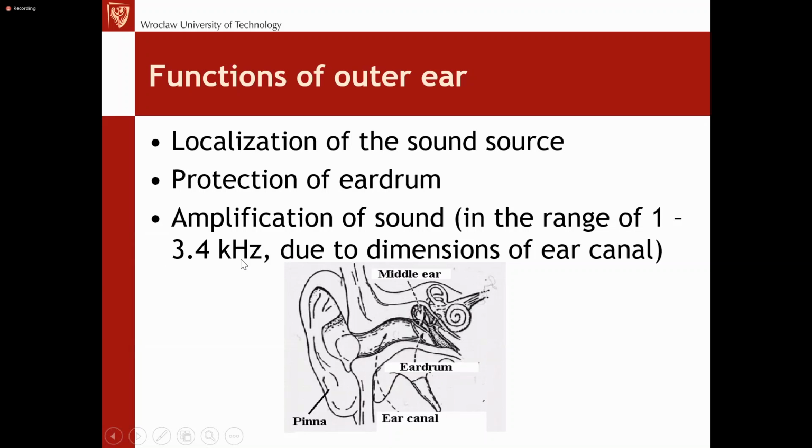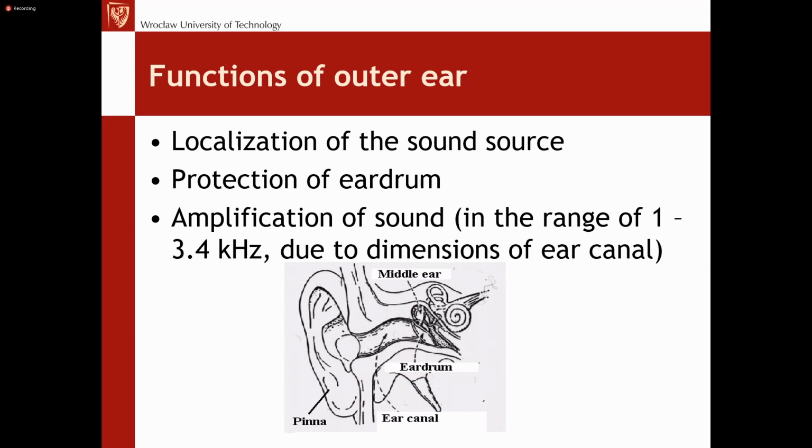And the frequencies of this region are slightly amplified by about 2 or 3 or 6 decibels. And of course, this dimension was created by the evolution of the human.